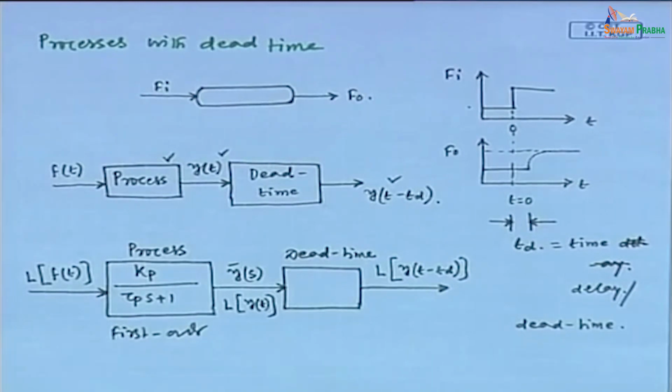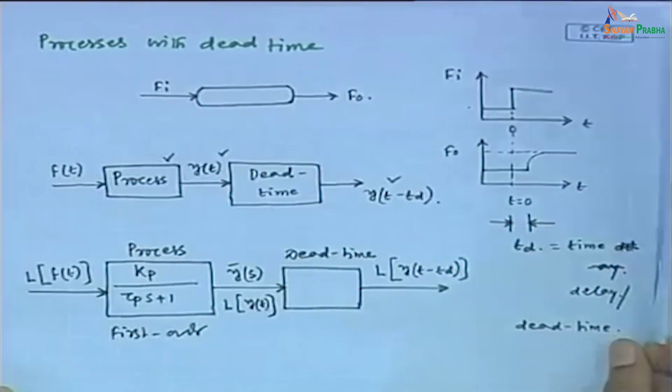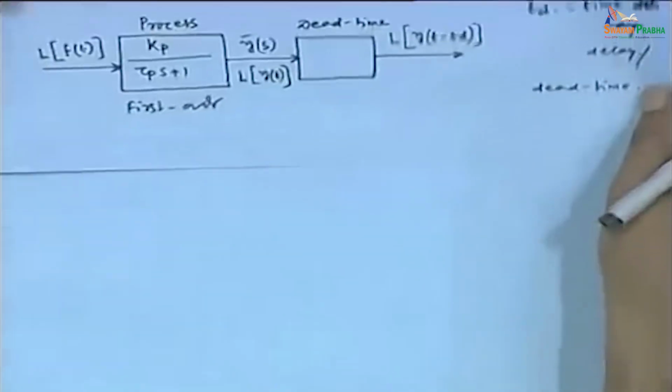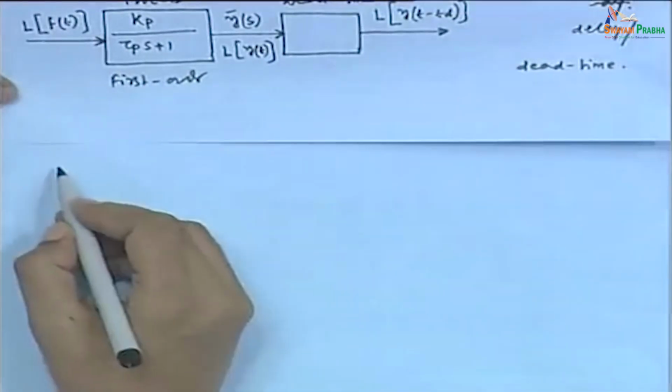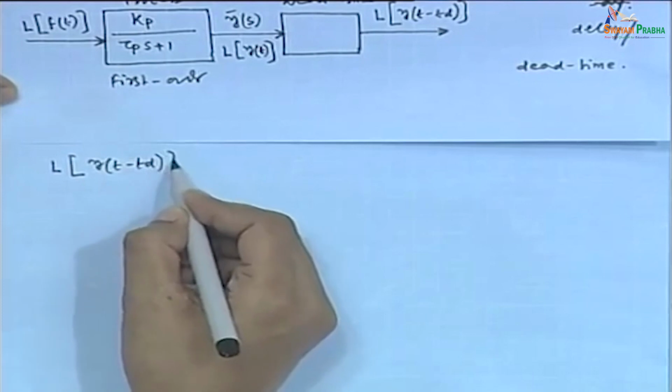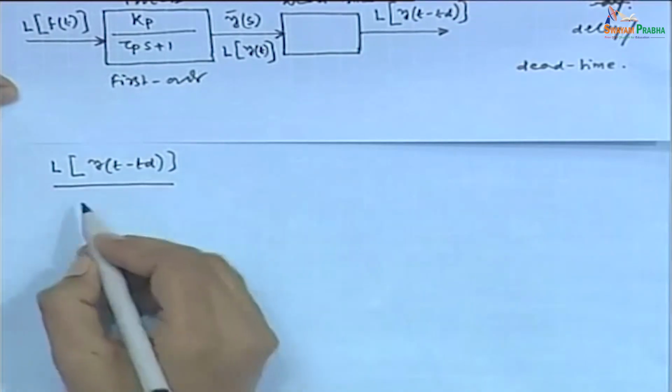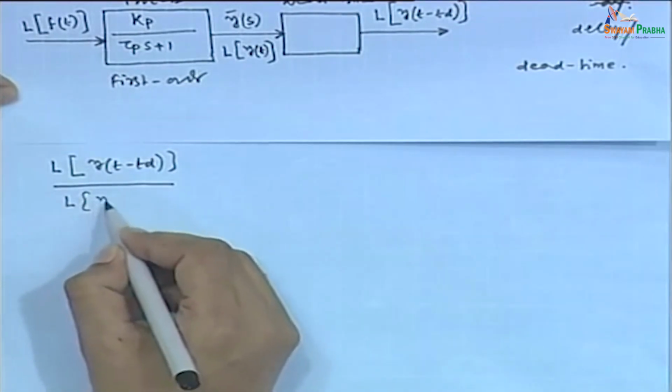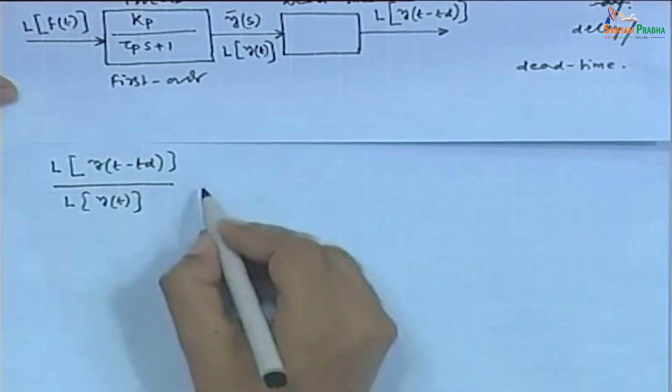So, what will be the transfer function of dead time? What will be the Laplace transform of dead time? Laplace transform of dead time we can find this way: Laplace transform of y(t minus Td) divided by Laplace transform of y(t).